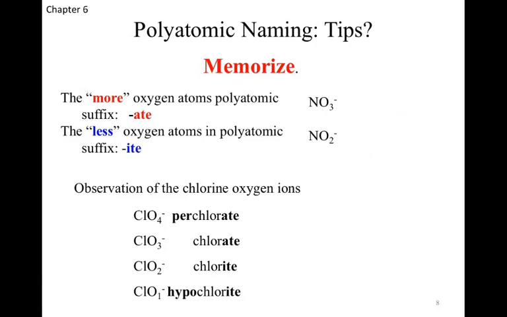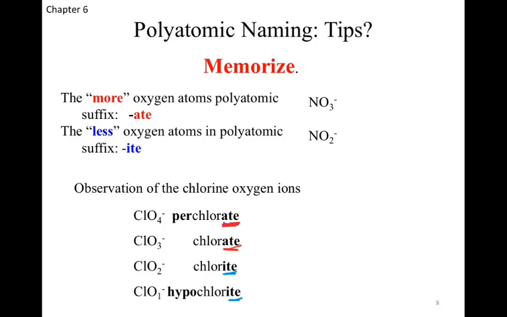Another thing that you could go through and do is the observation for your chlorine and oxygen ions. For ClO4, notice that that is the most oxygens you can put on there, and we do have that ate ending. Unfortunately, we also have ClO3, which has an ate ending. And when we move to a lower amount, we get the ite endings, but again we get 2 ites. So we now have to separate these compounds away from each other.